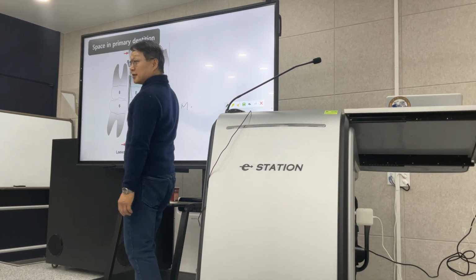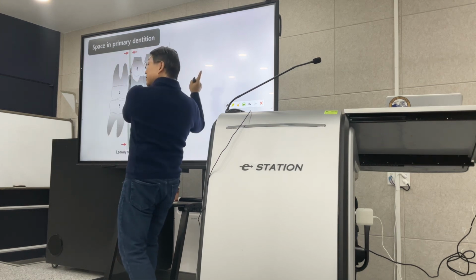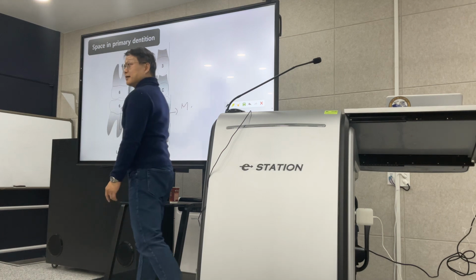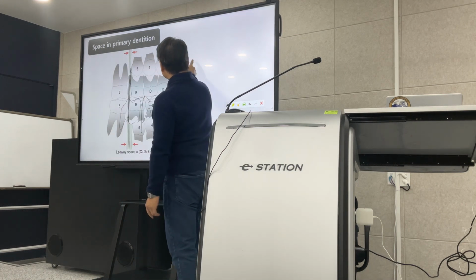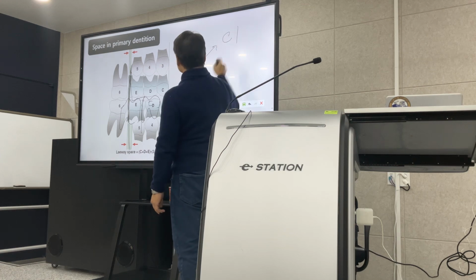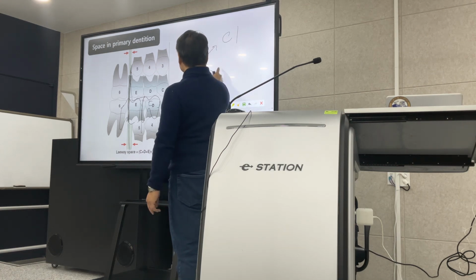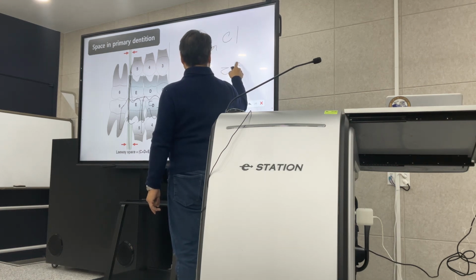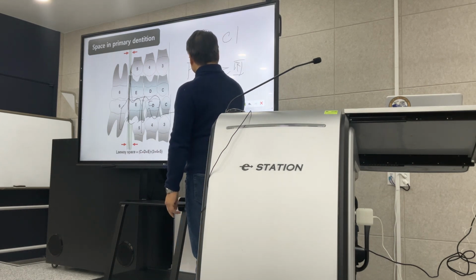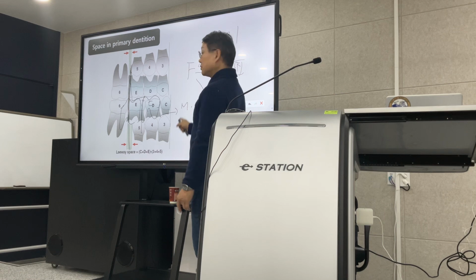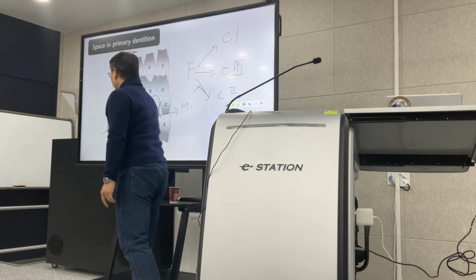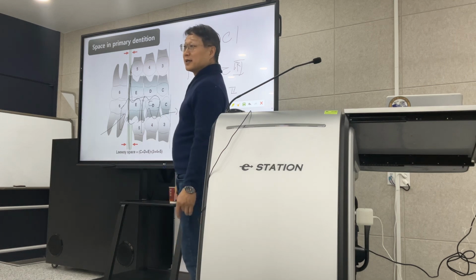These patients, if they shift automatically, that means Class 3, right? So normally, when first coming up, they can be Class 1 or Class 3, right? But how about this one? Is Class 2 possible? No, because the mandible will move mesially, automatically.